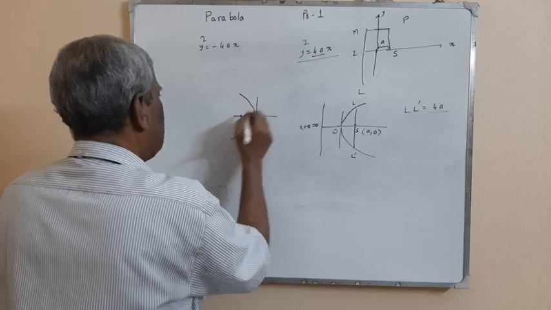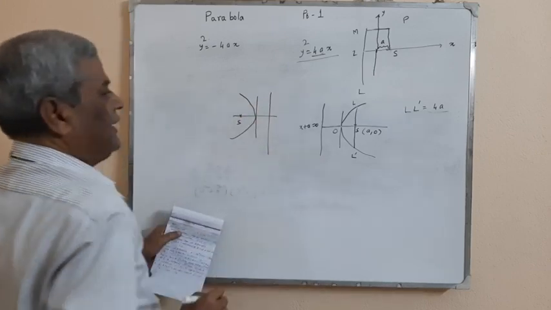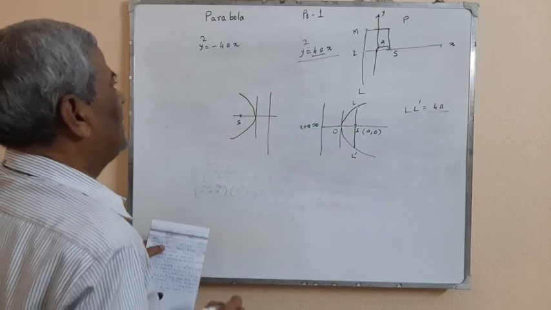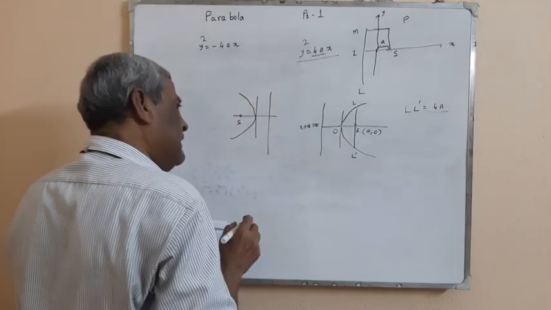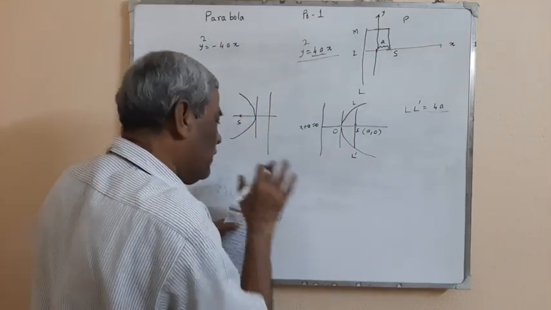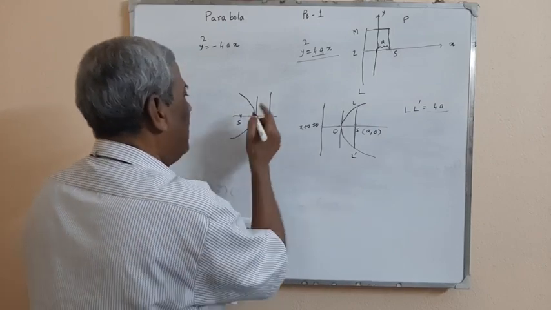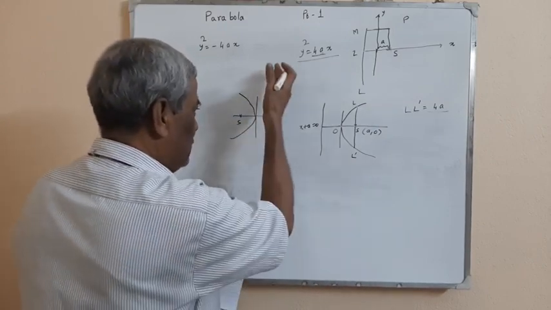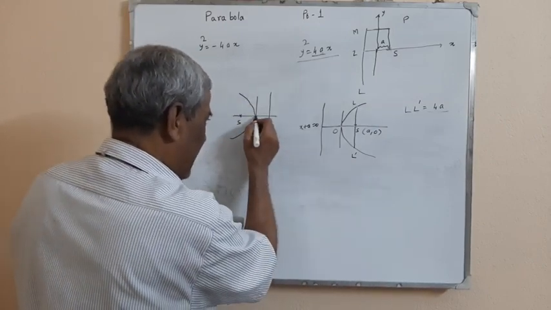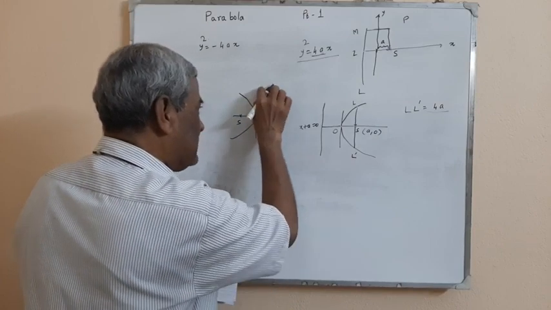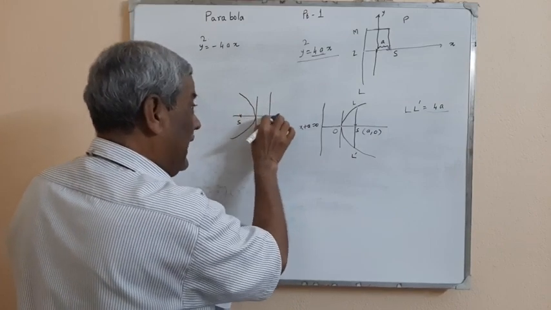It is S, and the equation of directrix is this. Its focus is at minus a comma 0 and vertex is 0, 0. The equation of directrix is parallel to the y-axis, so x is equal to a.